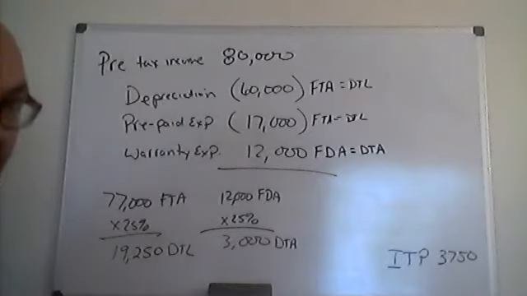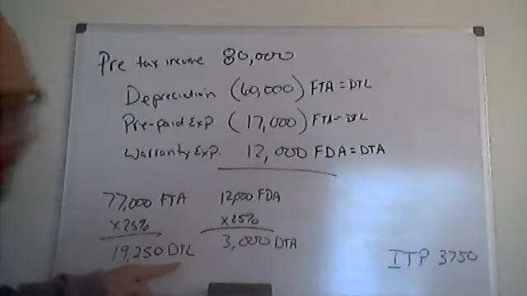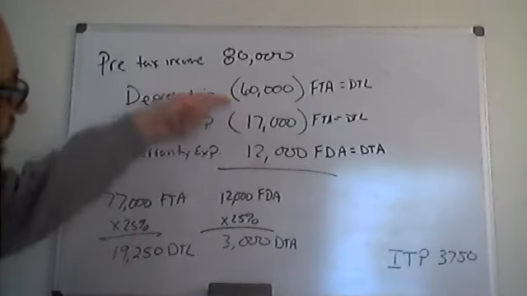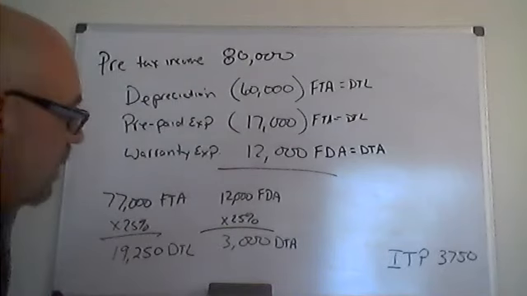So that is step 2. That is our ending balance in our deferred tax liability from our future taxable amounts of $77,000 and our deferred tax assets from our future deductible amounts of $12,000.